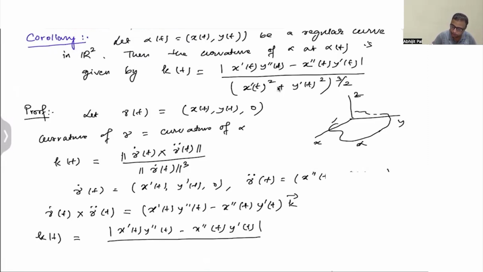So what is the norm of gamma dot t? It is the root of x prime t square plus y prime t square. So what we have is x prime t square plus y prime t square to the power 3 by 2. Okay. So in this way we get the curvature of this planar curve.